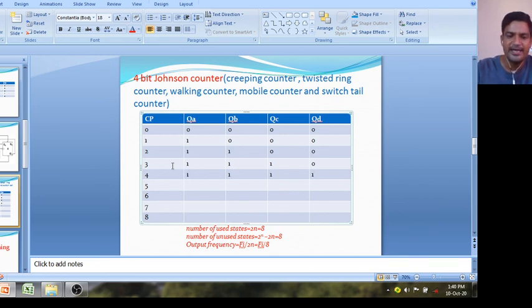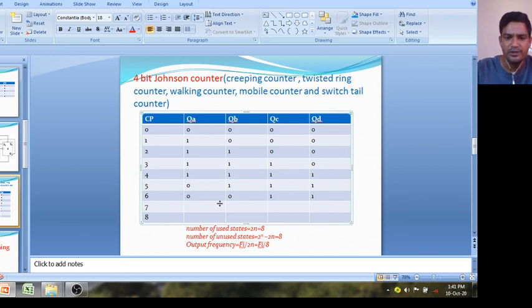Okay, in the next clock pulse 1 is shifted here, this 1 is shifted here, this 1 is shifted here. Now the complement of this 1 is 0, so 0 will come here. Next, this 0 is shifted here, this 1 is shifted here, this 1 is shifted here. Now the complement of this 1 is 0.